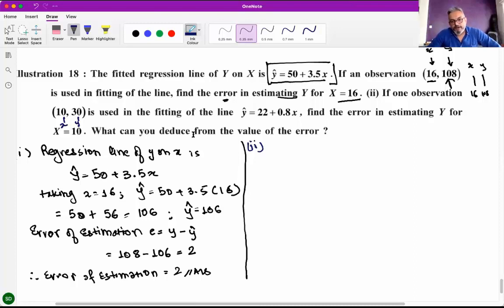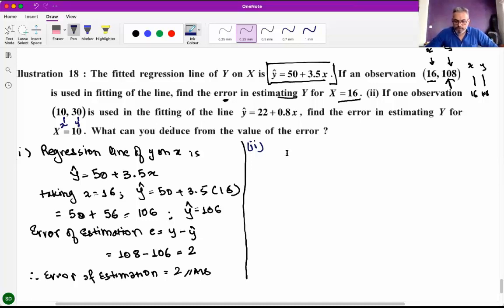What can you deduce from the value of error? So now again, first we will have to find the error and then we have to see what we can conclude from this error.